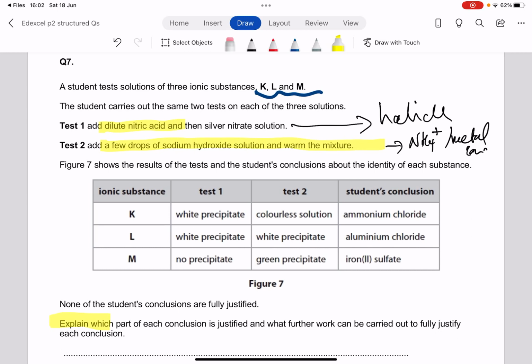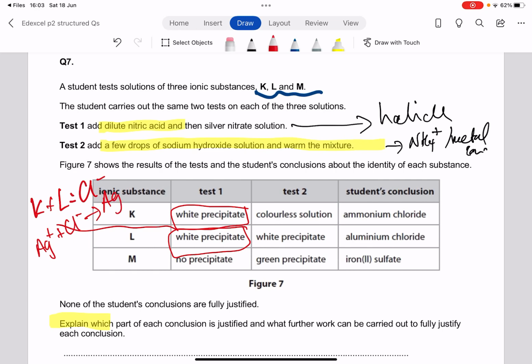So I would say this: if test 1 gives you a white precipitate, that means K and L must contain chloride ions, because chloride ions, when they react with silver nitrate, produce, look, this is the ionic equation, a white precipitate of silver chloride.